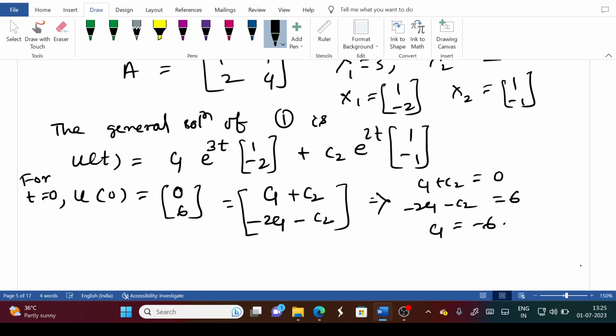So what about C1 then? In that case, C1 is equal to plus 6. Sorry, C1 is equal to minus 6.